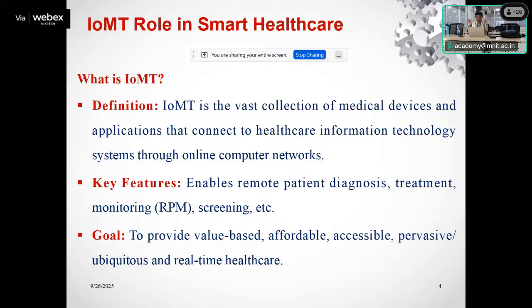With this, it will help to have remote patient diagnosis, some sort of treatment, and remote patient monitoring and screening. All these things are possible with the help of IoT. Ultimately, it is to provide value-added, affordable services which support real-time healthcare mechanisms.